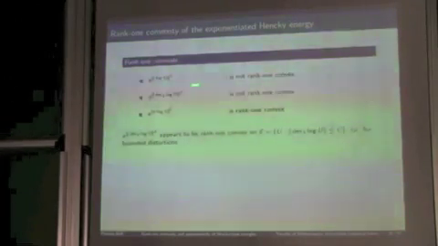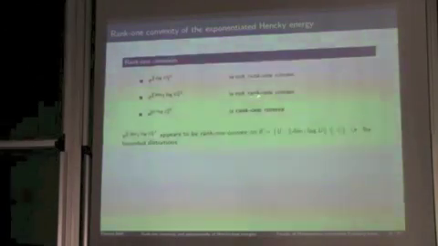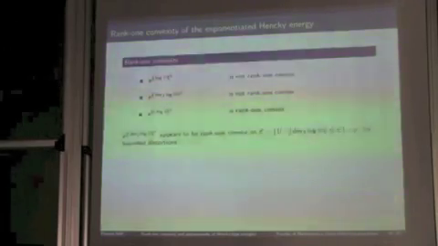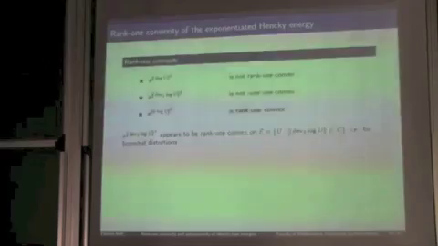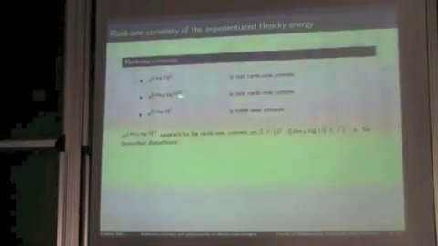But in general, e to the log in 2 or 3 dimensions is not rank 1 convex. In 3 dimensions, it's not rank 1 convex, and the volumetric part is always rank 1 convex because we had just this 1-dimensional property of convexity.